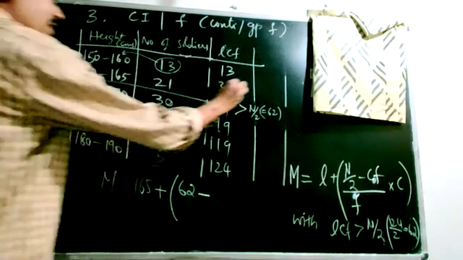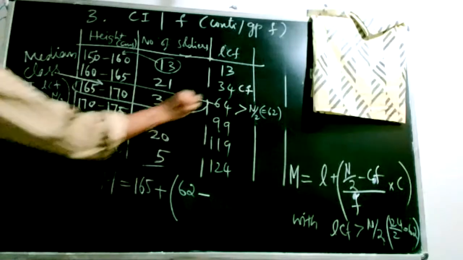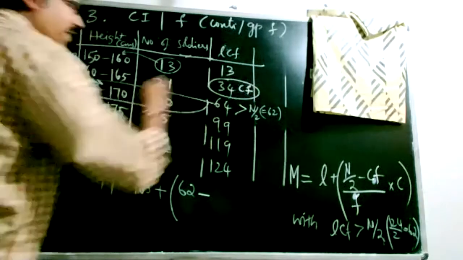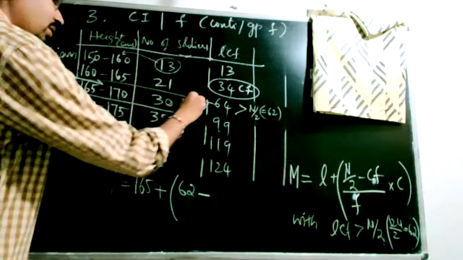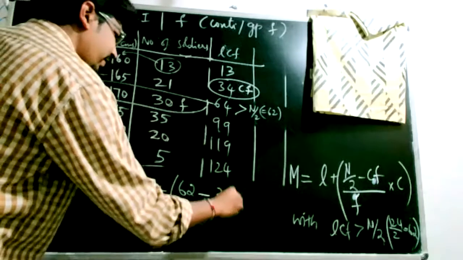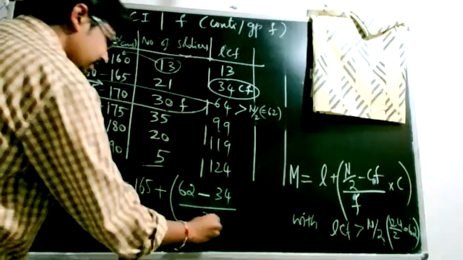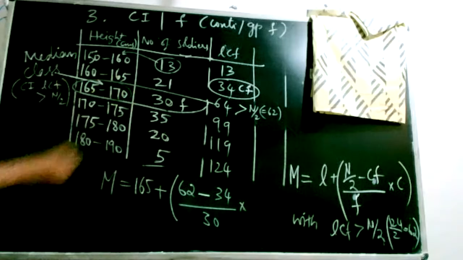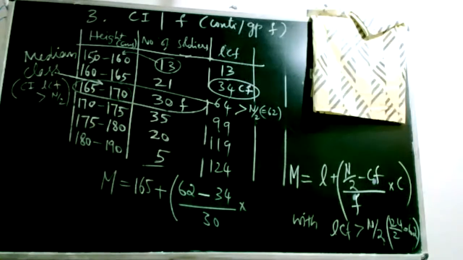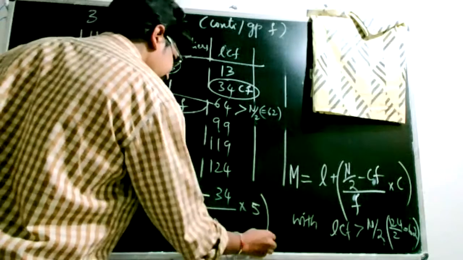CF indicates the previous LCF. Whatever the class you have identified, take the previous LCF value. And f indicates the frequency of the median class, which is 30 in this case, and C indicates the class width. For 165 to 170, the class width is upper limit minus lower limit, 170 minus 165, which is 5. That is the value of C.